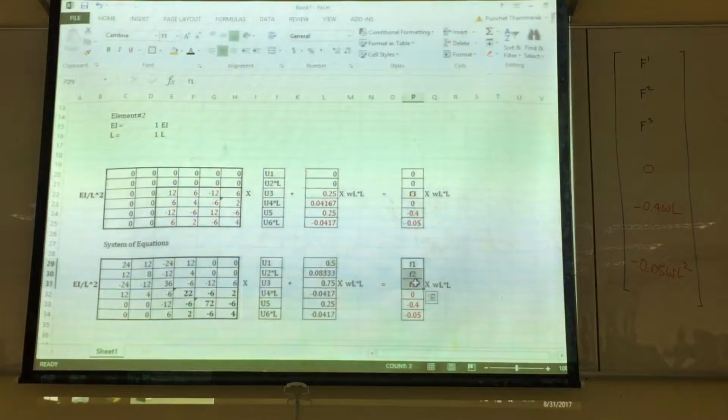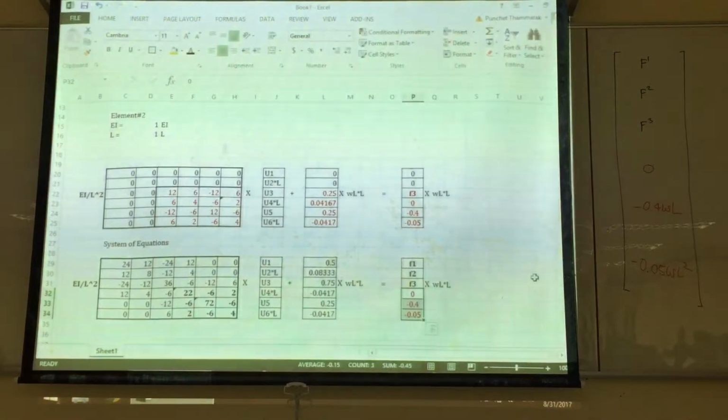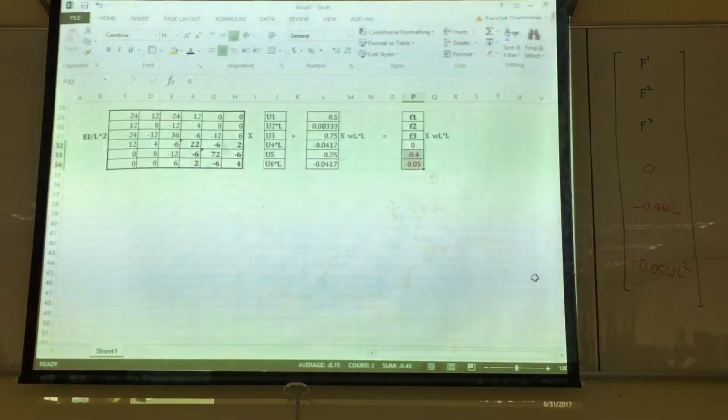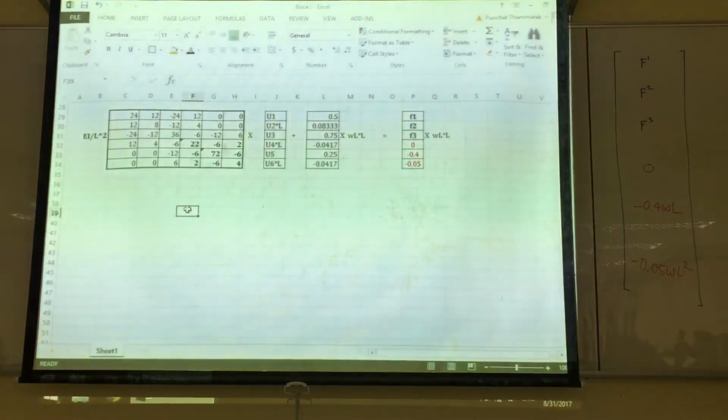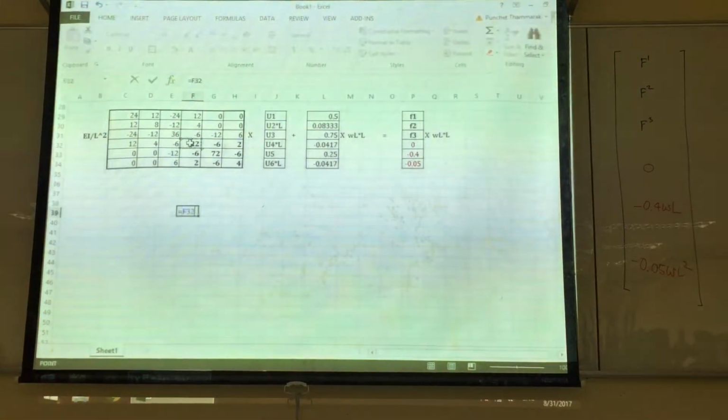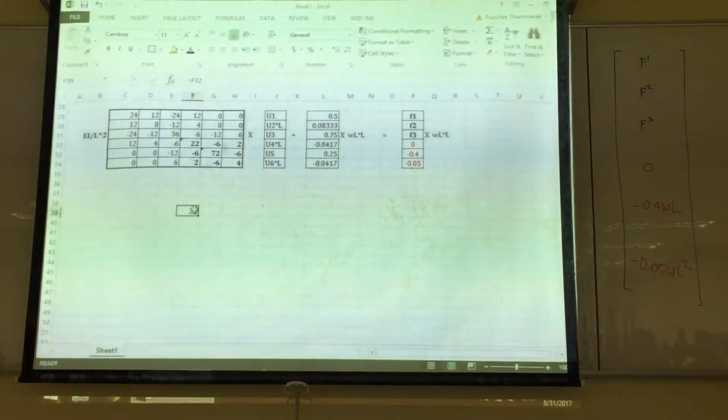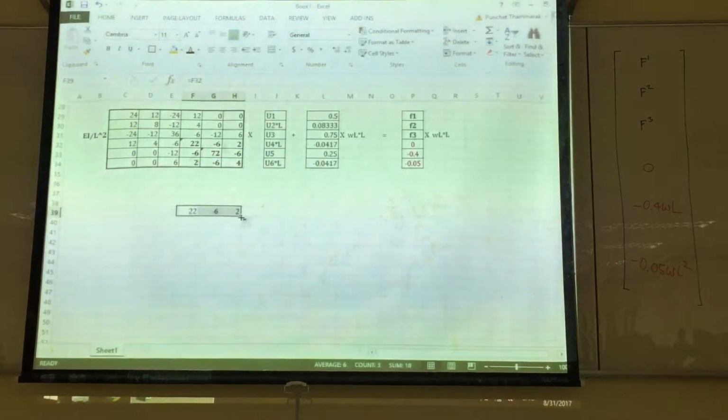These 3 are unknowns, and we know these 3. So let's equals to here, and then down.